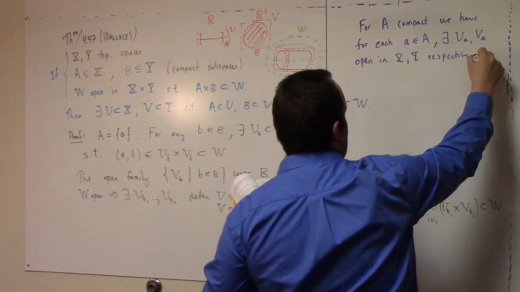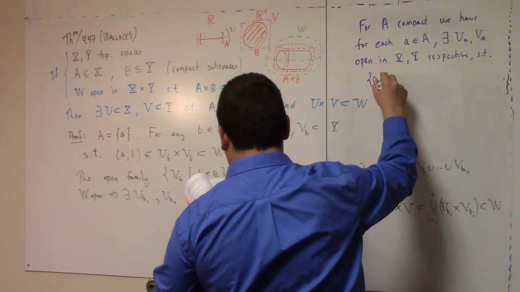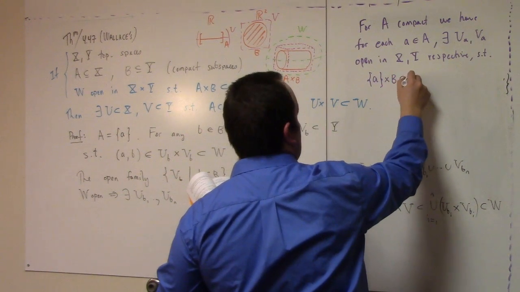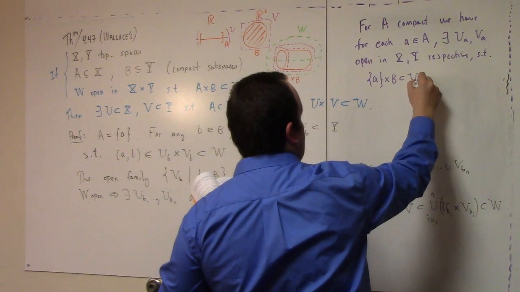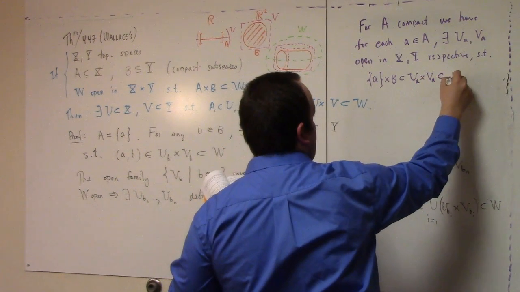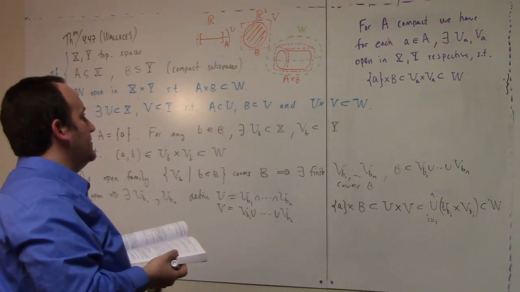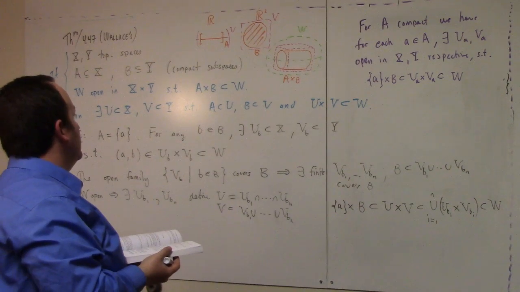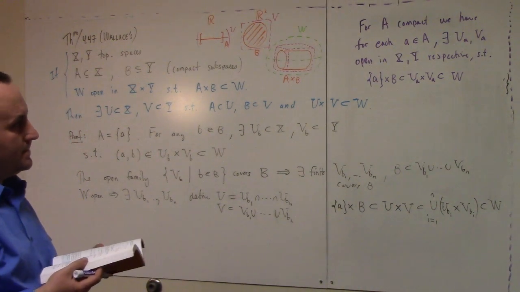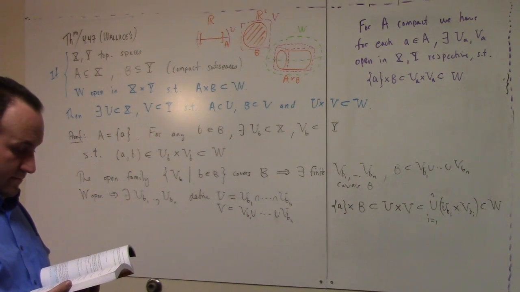So we found the last one. So we've got what? Yeah, like we said. So A cross B is a subset of this U_a cross V_a, and a subset of W, for that given W, which does what? I mean, W here has to be assumed to be containing the A and the B, right? Yeah.